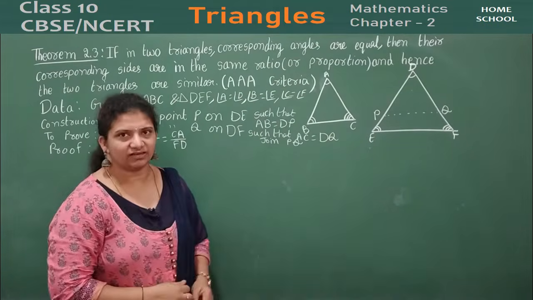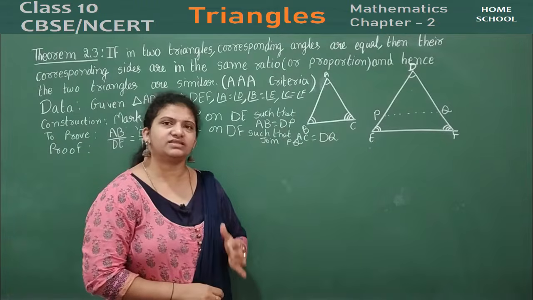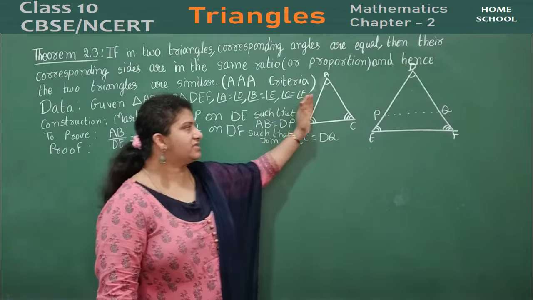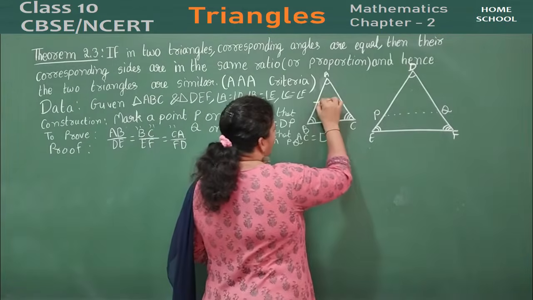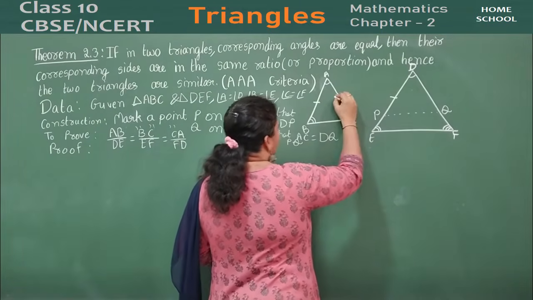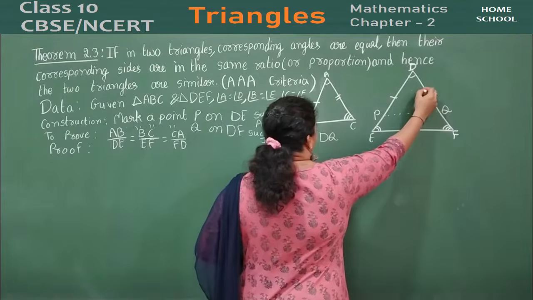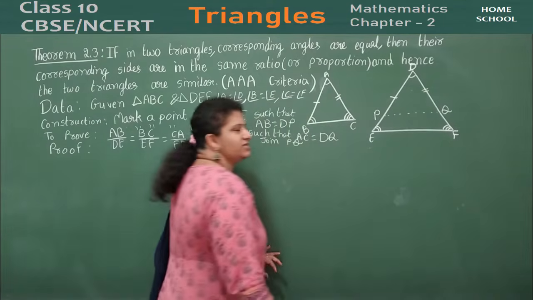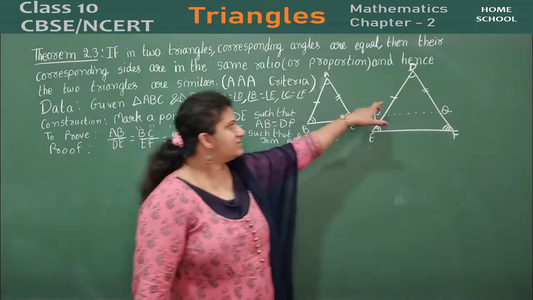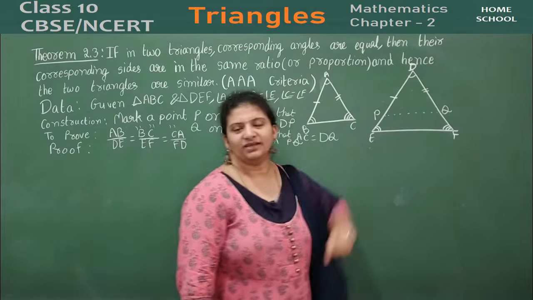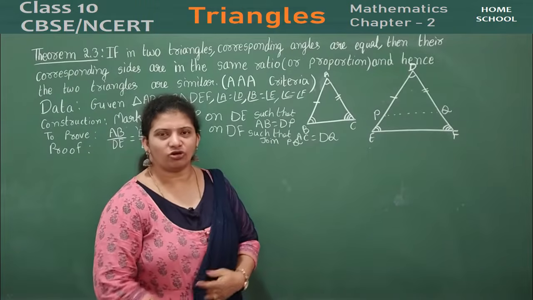By construction. We have done the construction in such a way that this equal to this and this equal to this. Look here, AB is equal to DP and AC is equal to DQ. Yes or no? So side, angle, side. Then the two triangles are congruent.